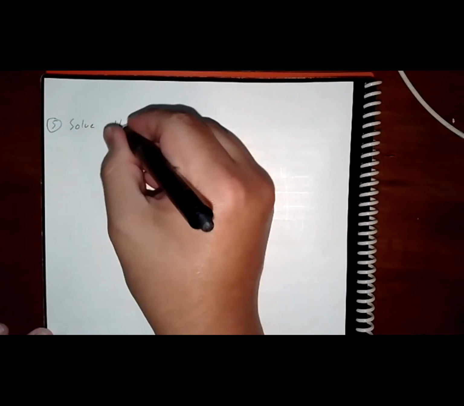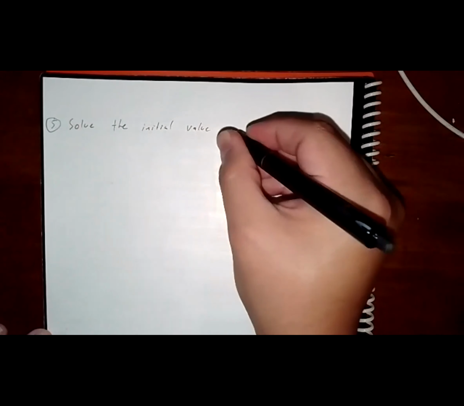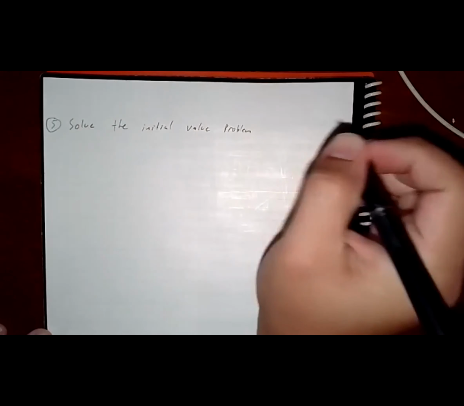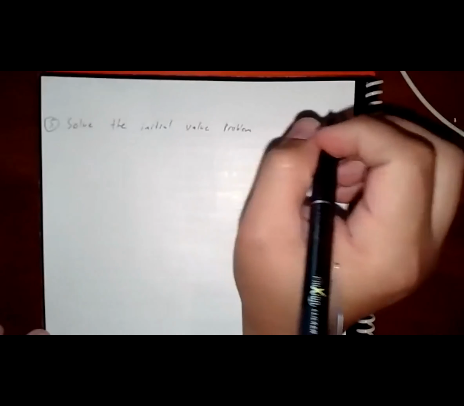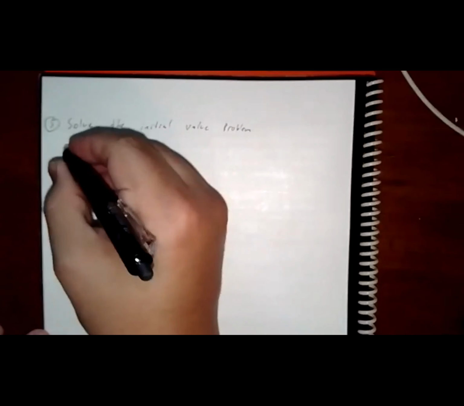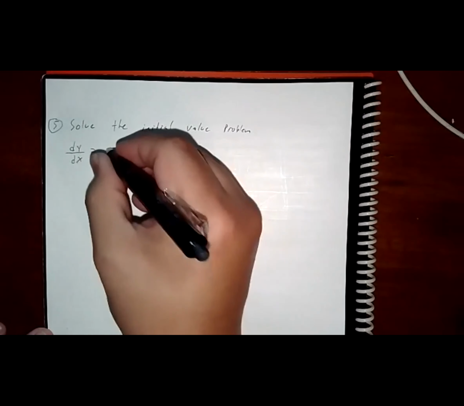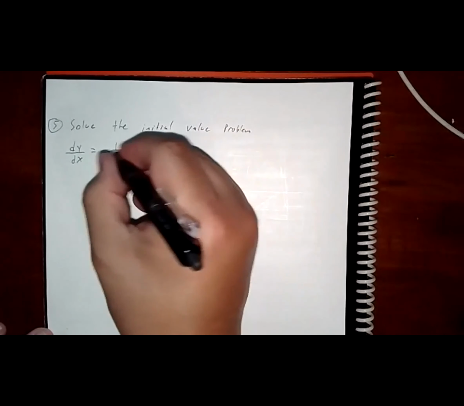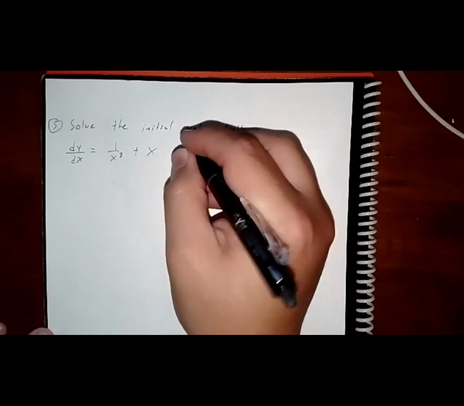This is called solve the initial value problem. All right, so this is dy dx is equal to 1 over x cubed plus x.